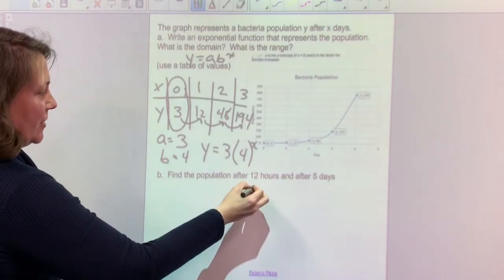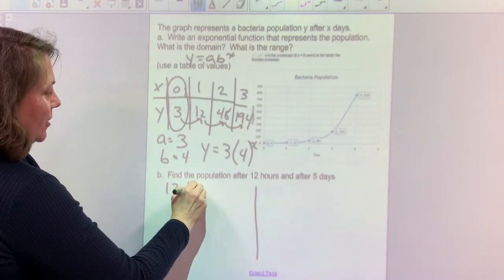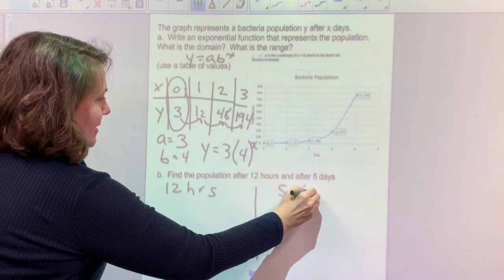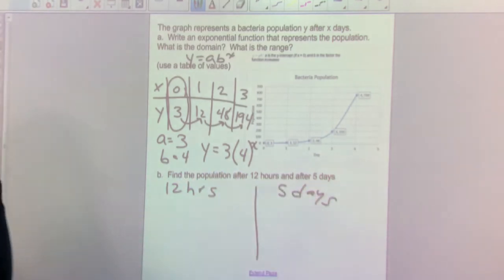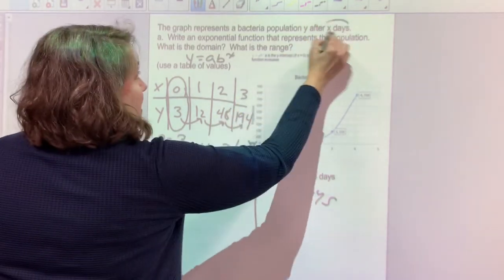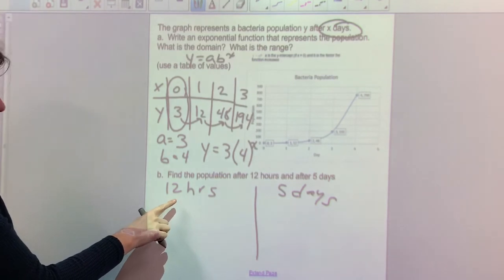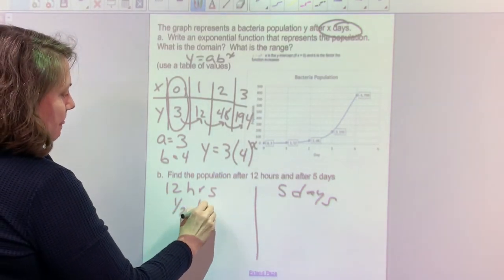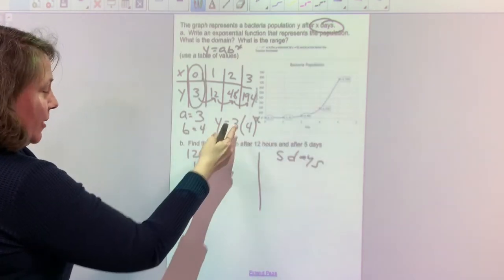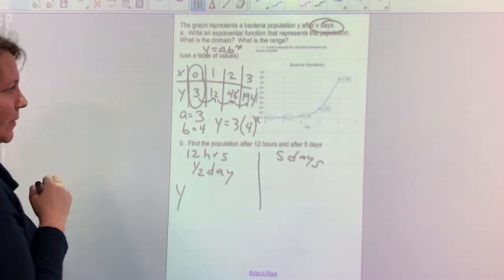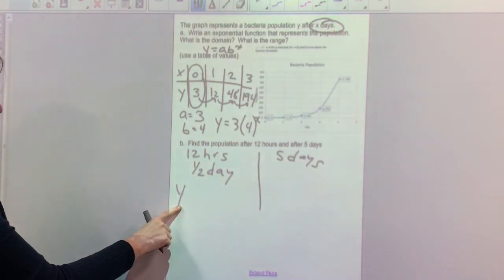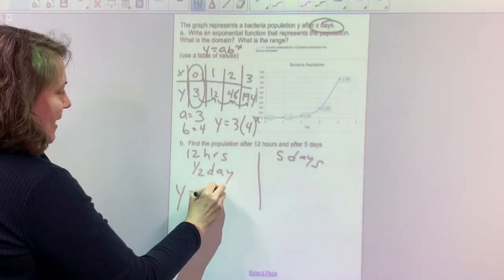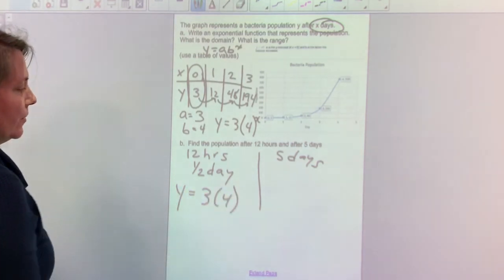And this is 2 parts. It's asking you first for 12 hours, and then after 5 days. x is in days. So this needs to be in days. 12 hours is how much of a day? Half a day. So I'm putting it in my equation. The number of bacteria is what they want to find. So we're finding the population is equal to 3 times 4 raised to the number of days.